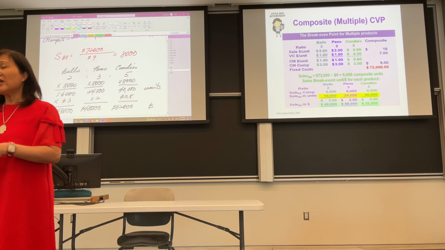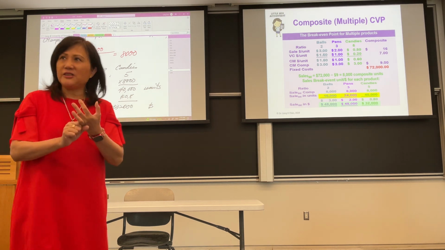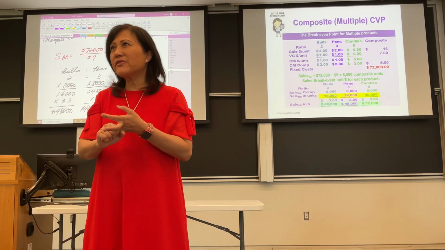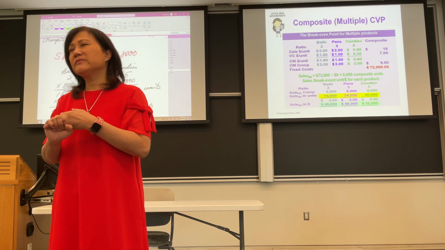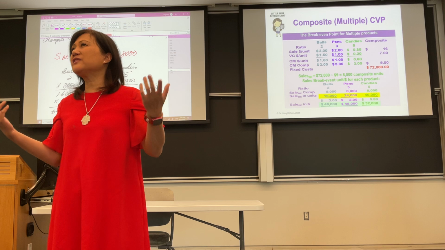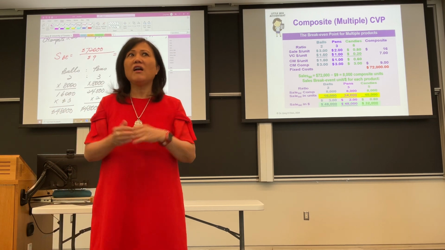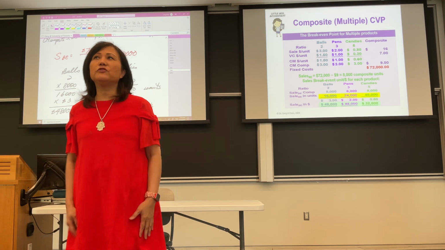But usually the material for the food we account for as variable cost, so just common sense. It's not that every flight has the same amount of cost for food.